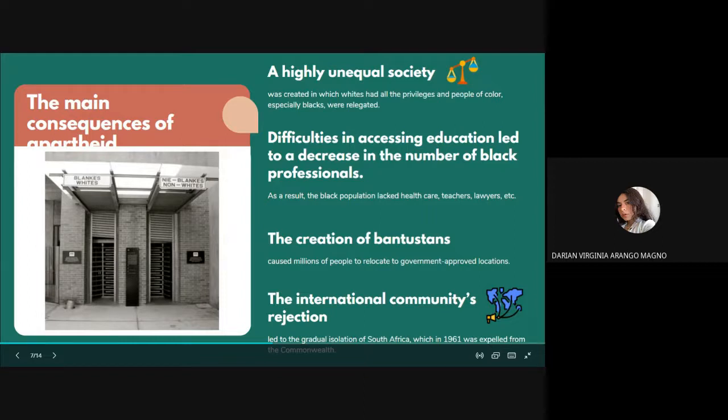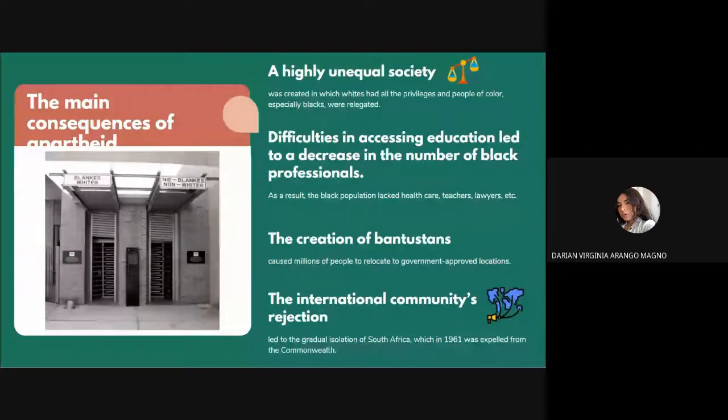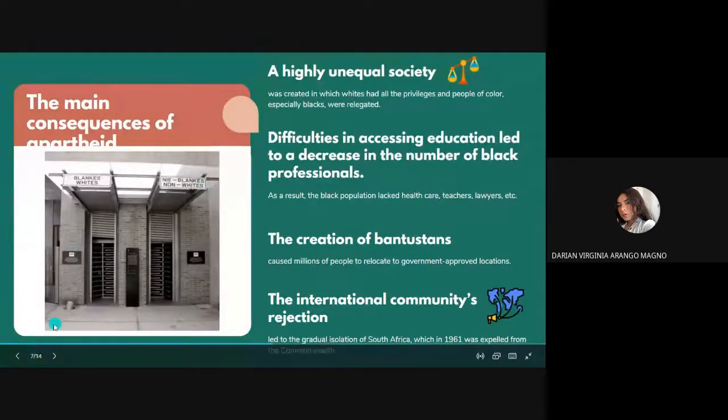They were also fewer in number and less well equipped, resulting in overcrowding. Secondly, the difficulties in accessing education meant that the number of black professionals was decreasing. As a consequence, the black population lacked healthcare workers, teachers, lawyers, etc.